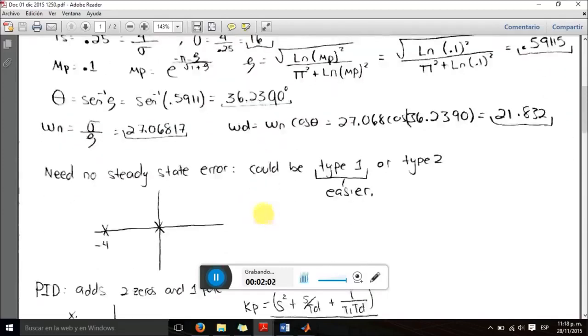So we were asked to consider no steady state error, so it could be type 1 or type 2. But since type 1 is easier, we chose that.